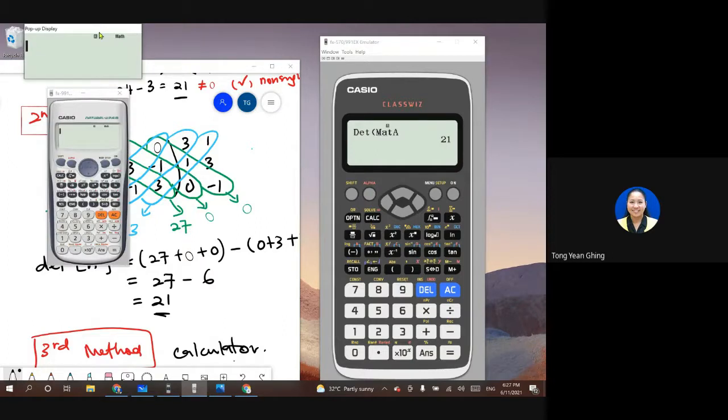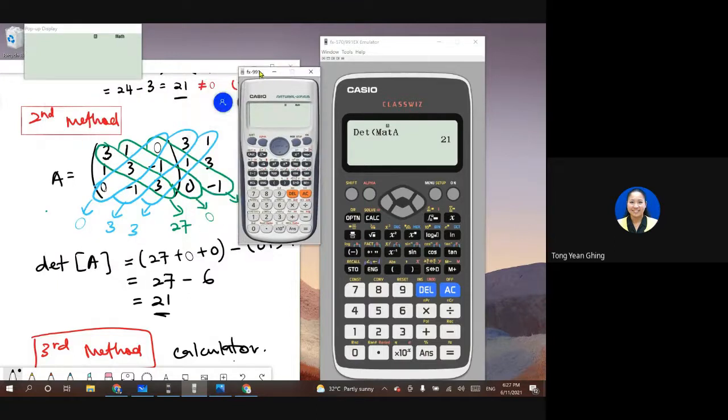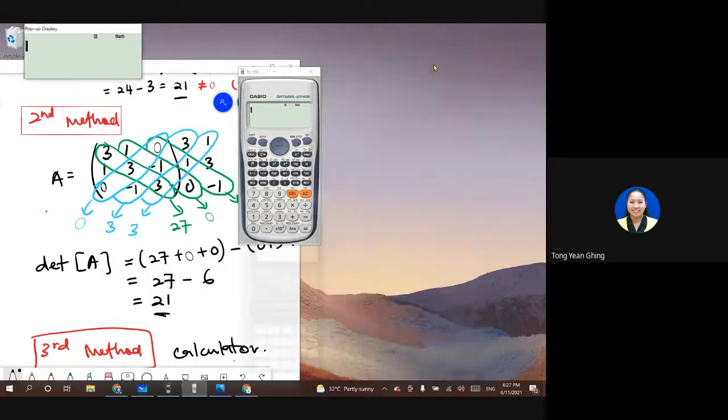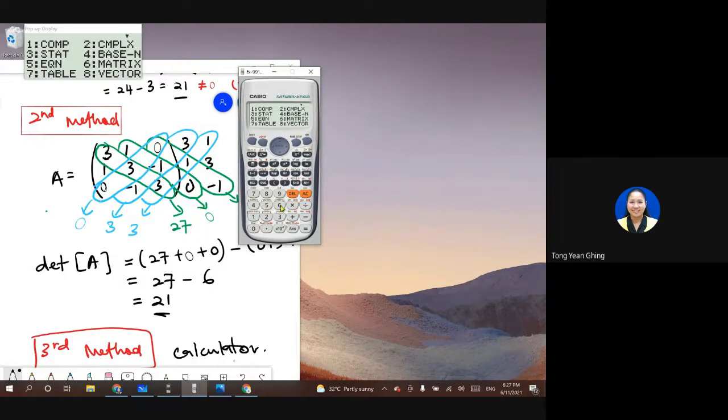For those who are using an older version of calculator, I will show you this one. You go to the mode option here and find matrix, that is option 6. Then it asks you to define the matrix as matrix A, B or C. I define it as matrix A, so I choose 1.